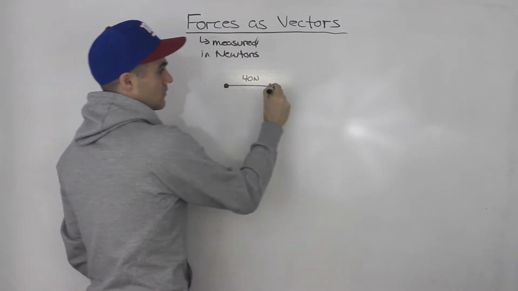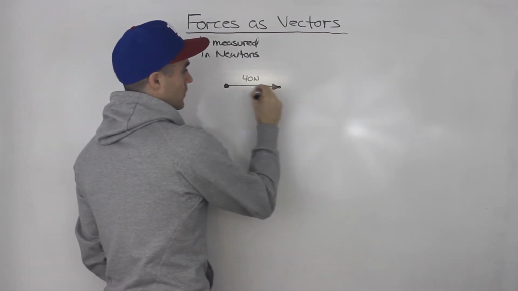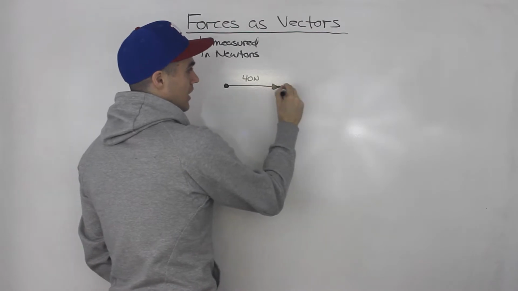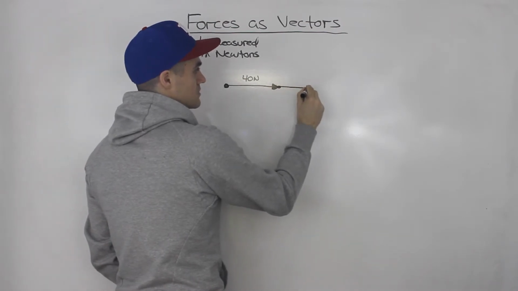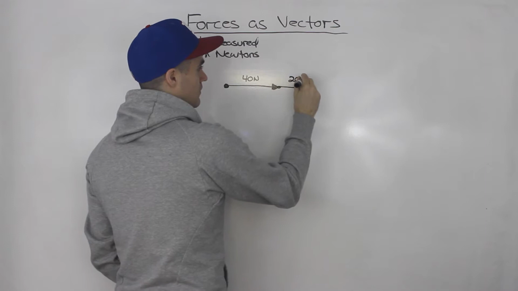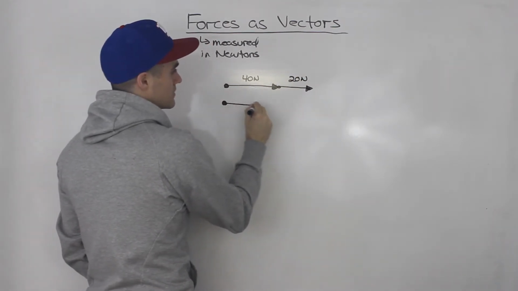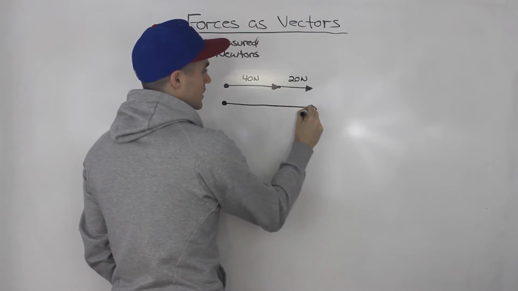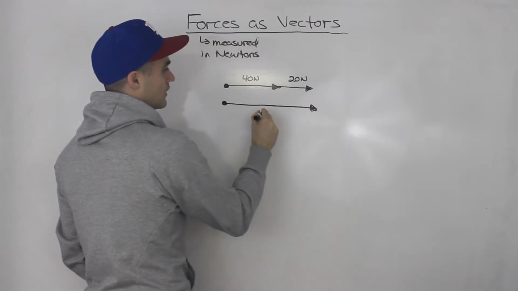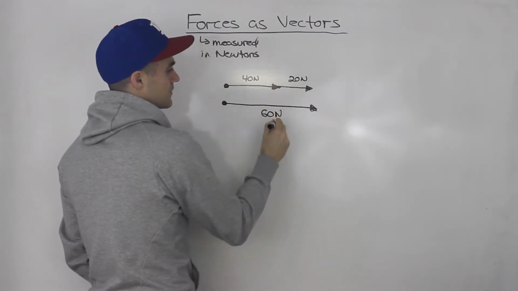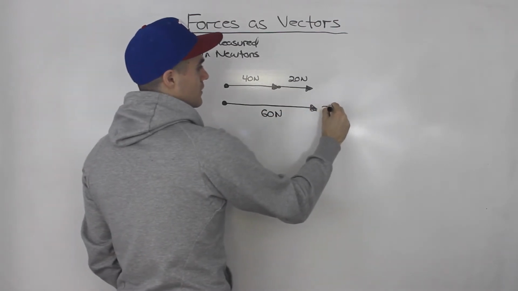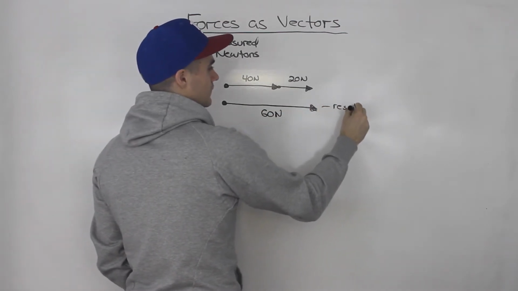So what's going to happen to the object? Well, 40 newtons plus 20 newtons means that this object, if we draw here again, is going to be pushing in this direction at 60 newtons. So we call this here the resultant force.